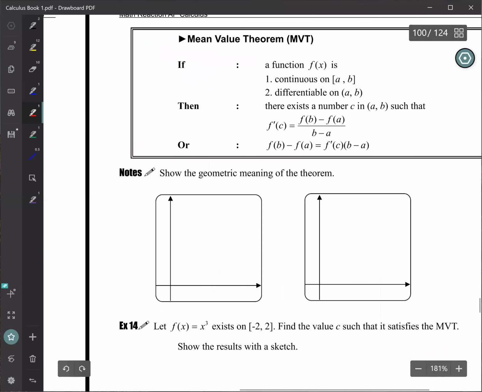So here we take away the last condition. We only have 2: continuous on the closed interval, differentiable on the open interval. But it doesn't require f of a to be the same as f of b. It could be the same, but doesn't have to be. So that means Rolle's theorem is included inside mean value theorem.